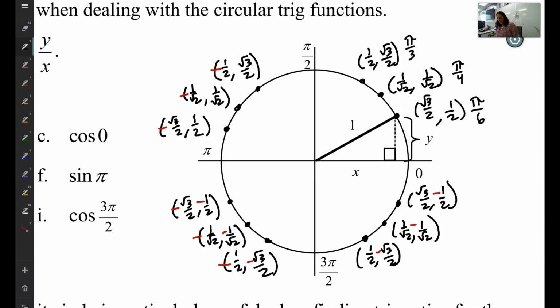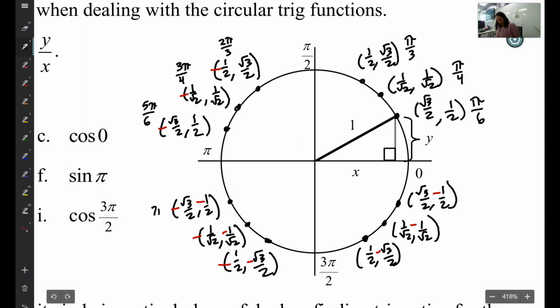I can keep going around. I've got pi/2. This one will be 2pi/3 because it's 1/3 past 1/2. This one will be 3pi/4 because it's 1/4 past 1/2. And then this one will be 5pi/6 because it's 1/6 away from pi.